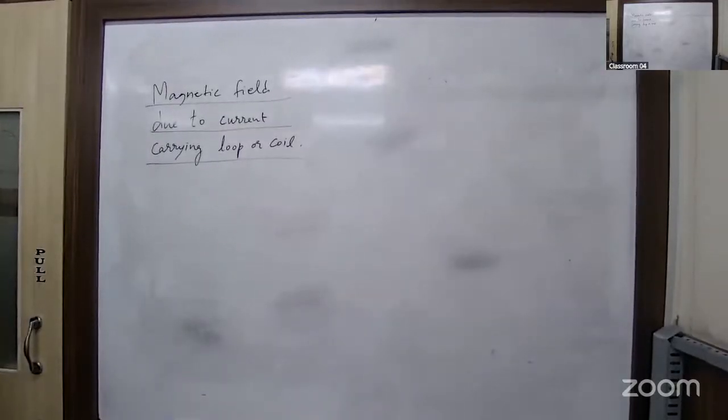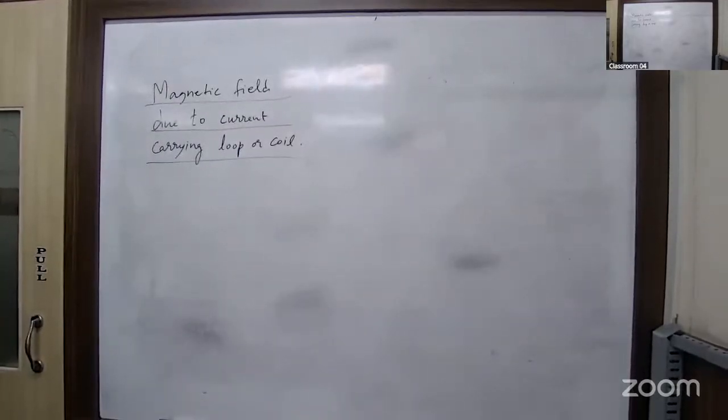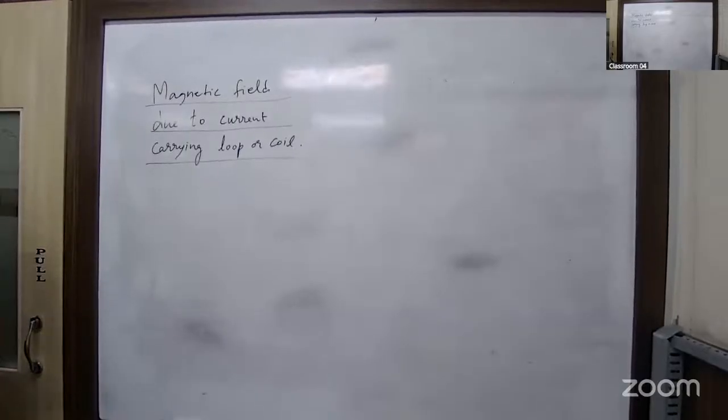Now we are going to discuss the magnetic field due to a current carrying loop. What did we take earlier? A current carrying straight wire. Now we'll bend that wire in the form of a loop, a circle. So what will happen now? Look.